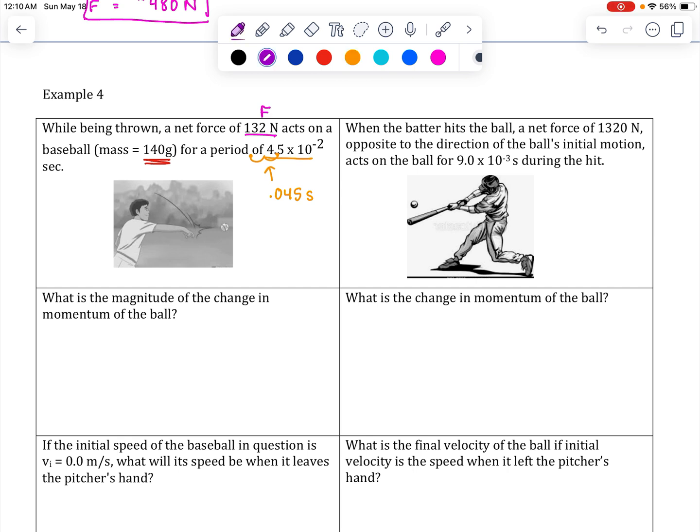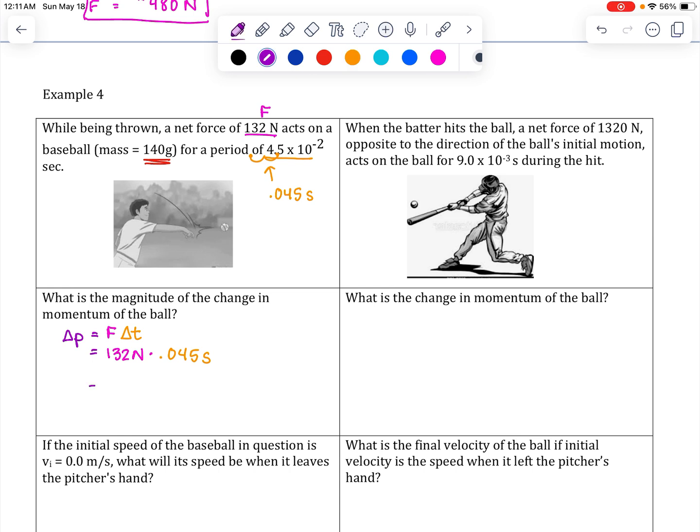Delta P is equal to, I have a force and a time, so those are the two that I'm going to use, force and delta T. So this ends up equaling, my force is 132 newtons times my time, which is 0.045 seconds.